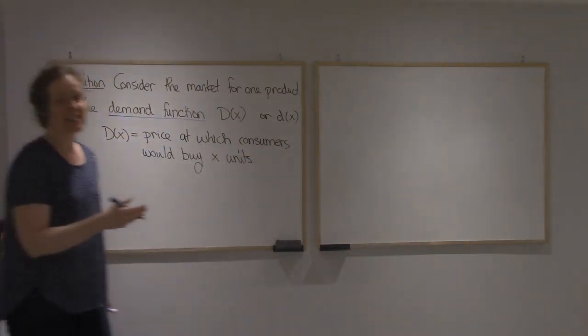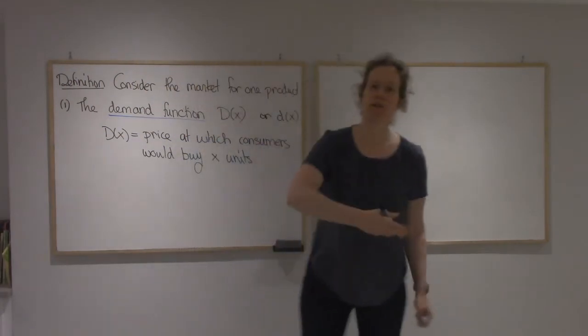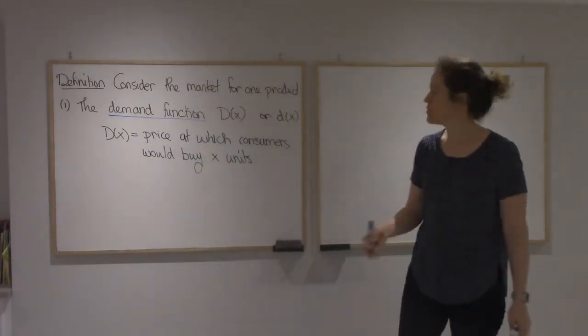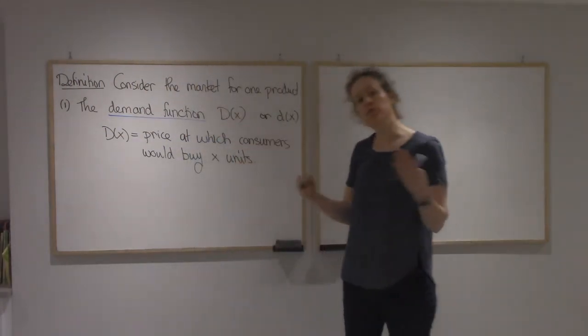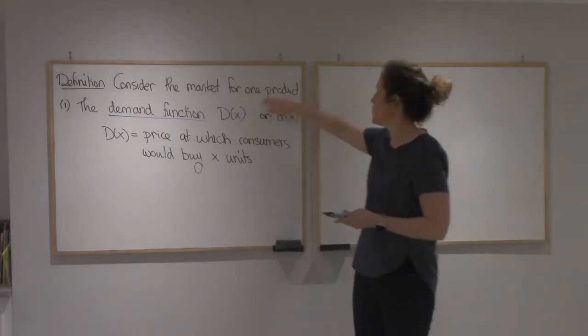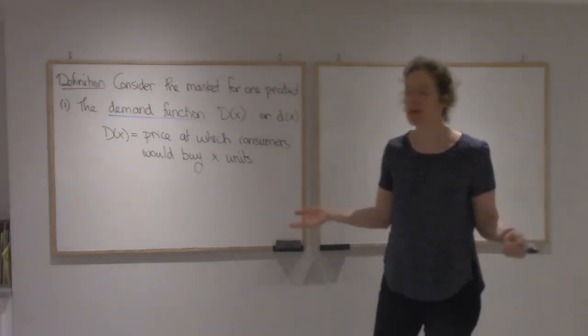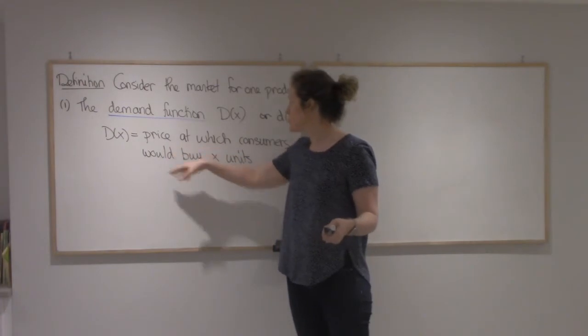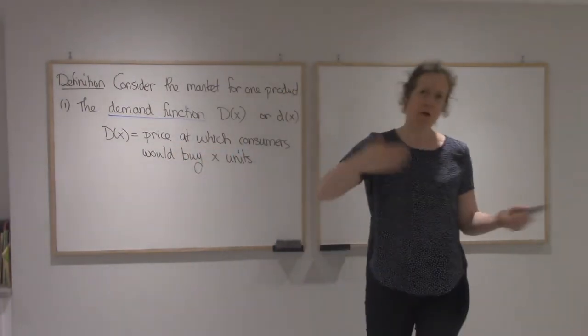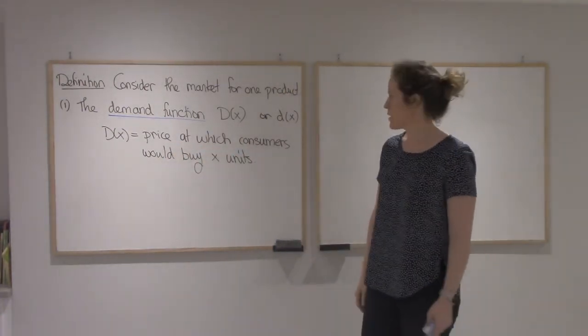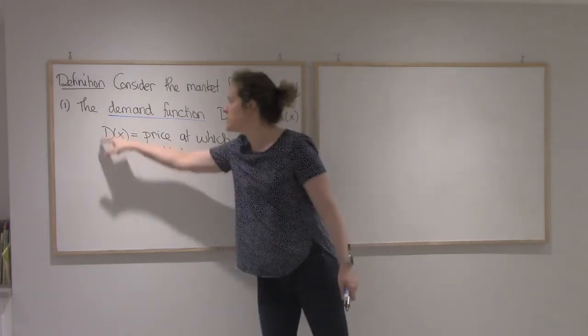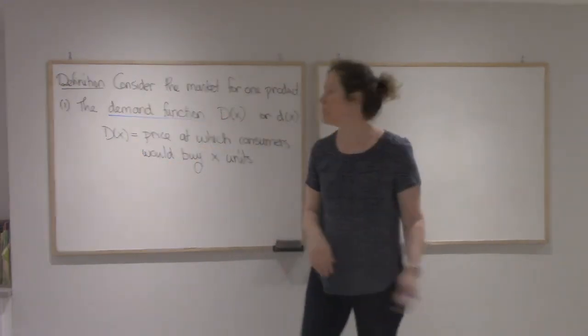So D of x is a price, so it could be in dollars, in millions of dollars, in thousands of dollars, and x is units, so that would tell you, for example, if your product were cars, how many cars would be sold to consumers if the price was $25,000 or something like that. So 25,000 would be D of x, x would be the number of cars.